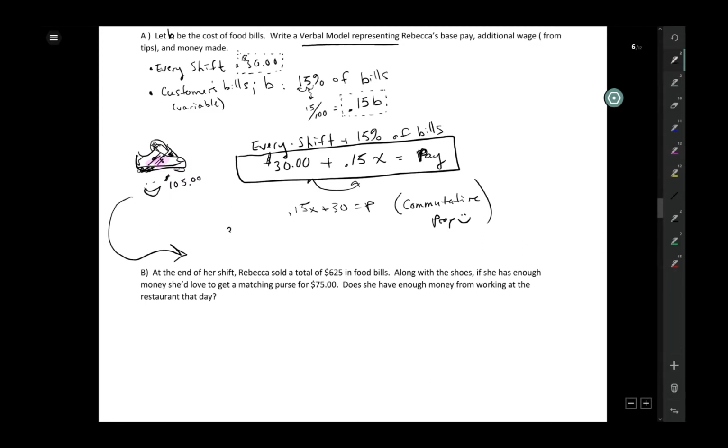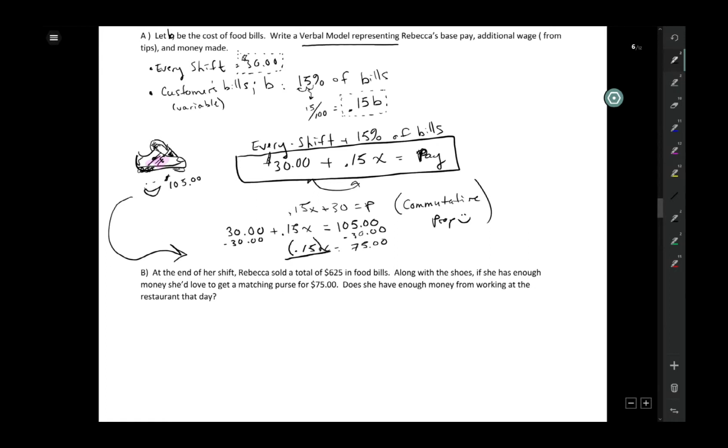So 30 plus 0.15x. We want to know how much to get her 105. Well, solving, we're just going to subtract 30. 105 minus our 30 gives us 75. Equals 0.15x. Now, dividing by decimals.